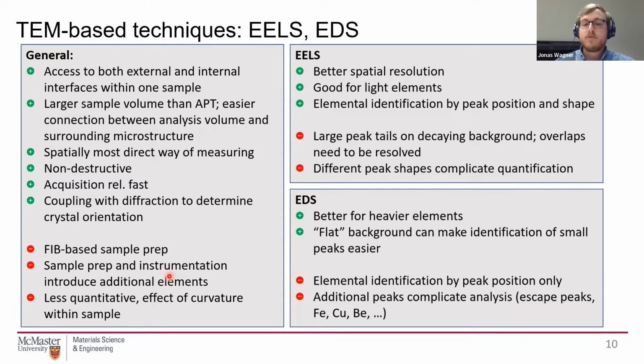That can be carbon from a carbon coating, but sometimes also additional elements which appear in the instrument itself can appear in your spectrum. For example, iron from the instrument structure itself, or copper from your grid. If you're interested in especially those elements, you need to take care how to exclude that from your quantification.